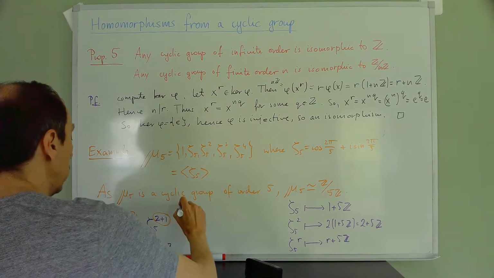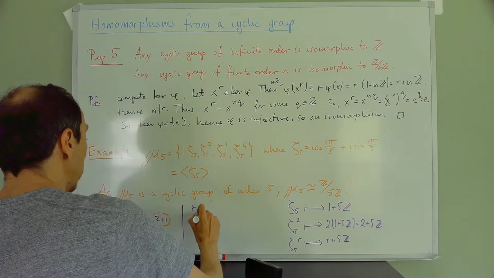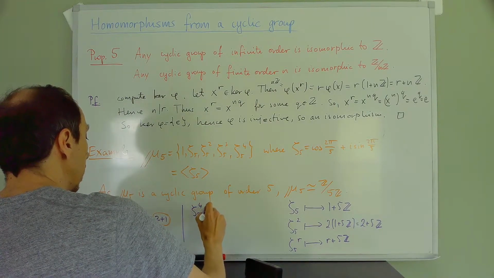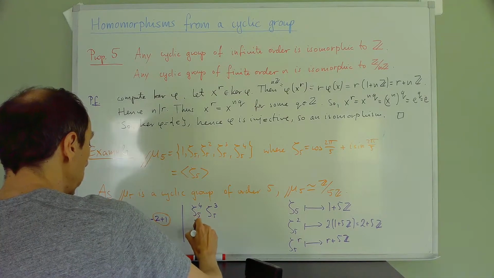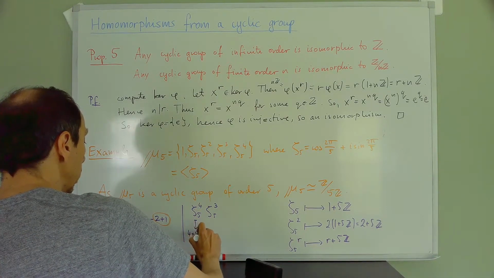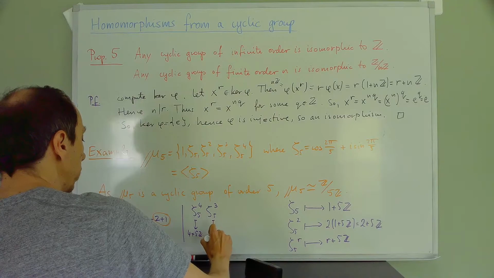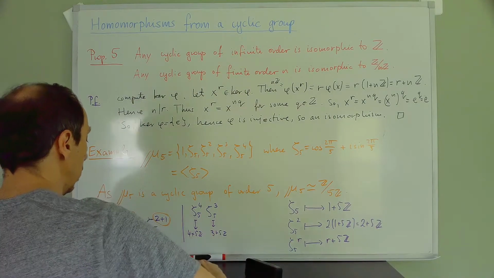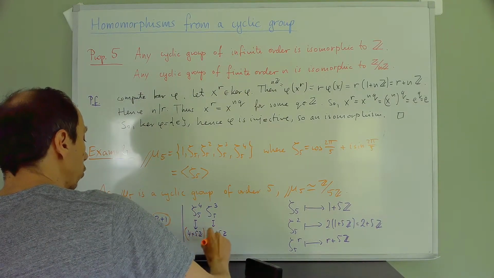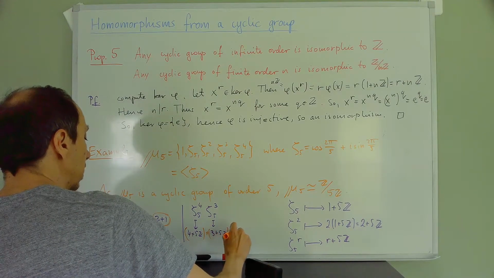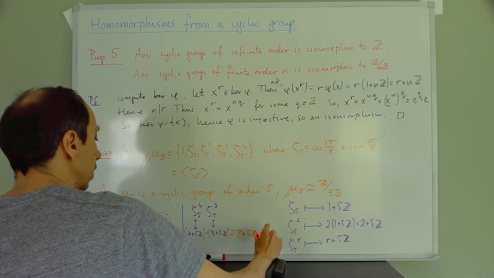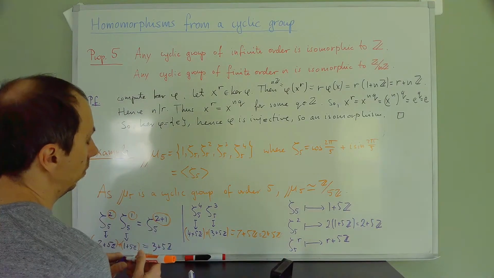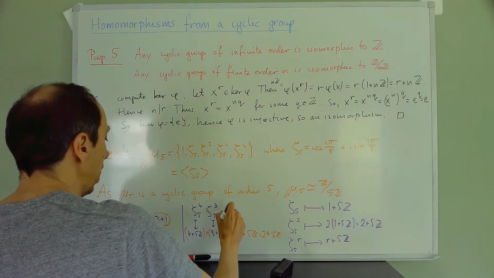Because if I try to do zeta 5 to the 4th times zeta 5 cubed, that would correspond to 4 plus 5Z, and this would correspond to 3 plus 5Z. So if I add these two congruence classes, I get 7 plus 5Z, which is the same thing as 2 plus 5Z. But the same thing happens upstairs.